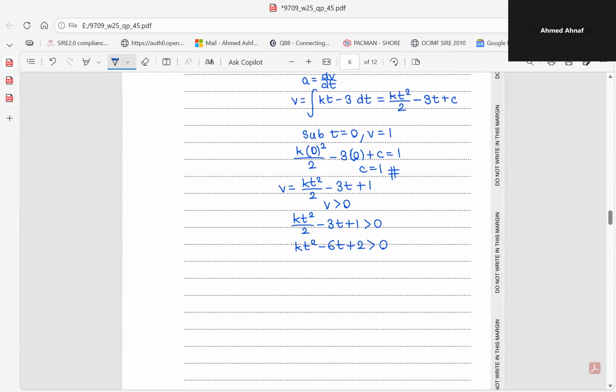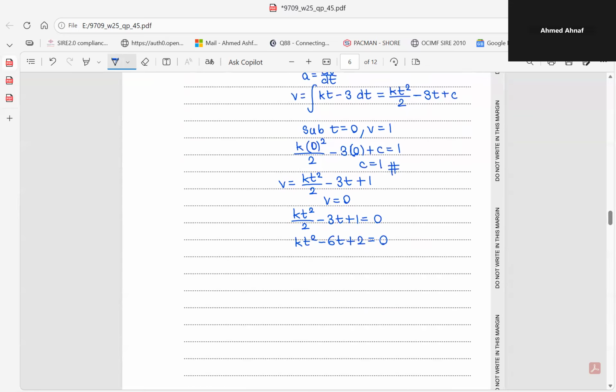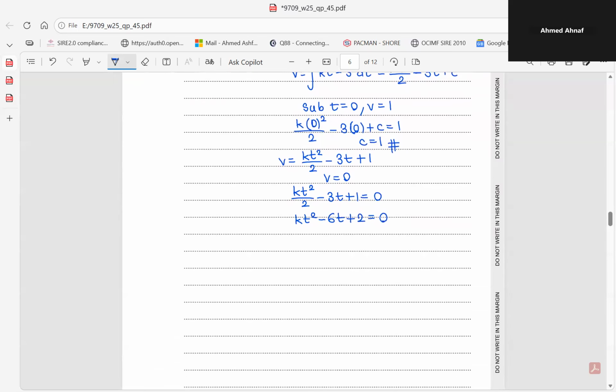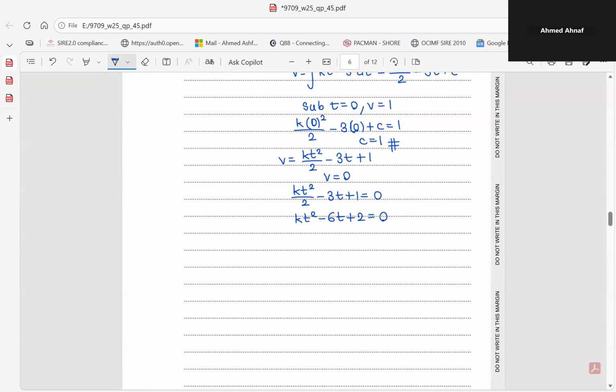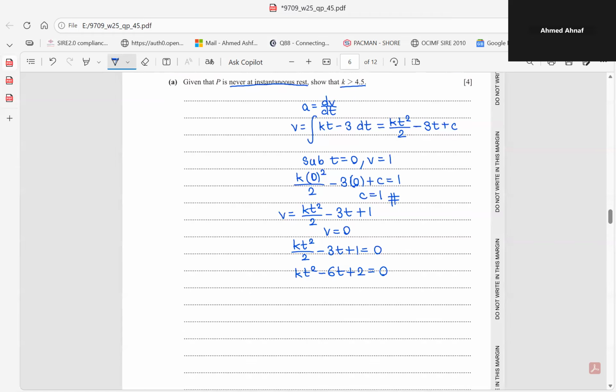Okay, I don't think we should make it more than 0. Let's just make it equals to 0, sorry. Then we can find what values k cannot take. It's never equals to 0.